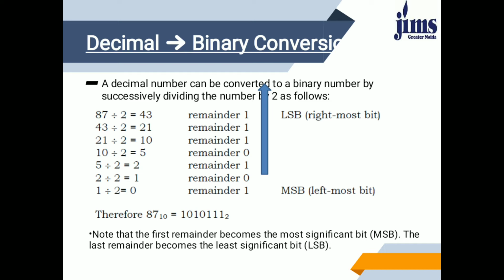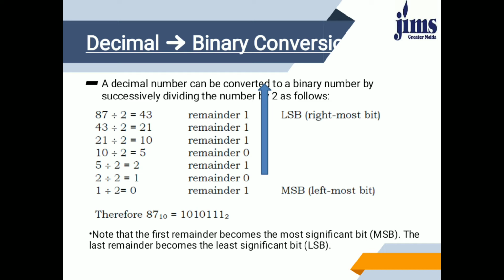After dividing it, what will we get? We get the answer 43 with a remainder of 1. We will collect this remainder 1. Next, we again divide 43 by 2.